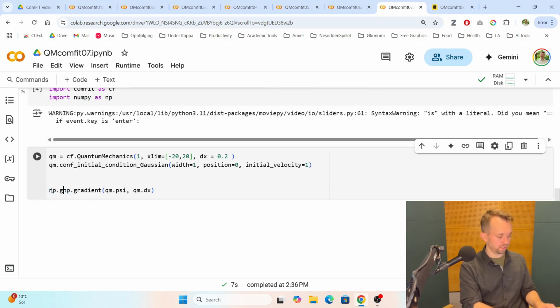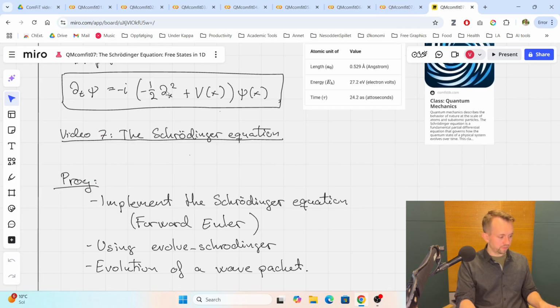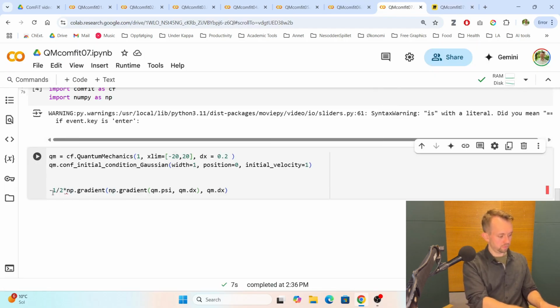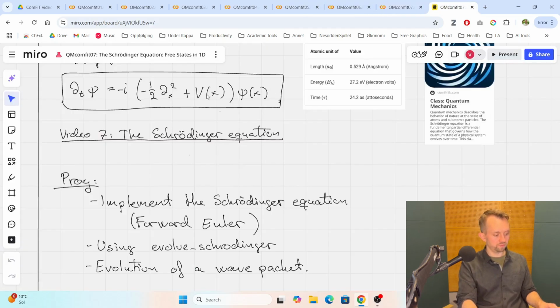And we need to take that gradient one more time, with qm.dx. So that's this term applied to psi, and then we need to multiply by -1/2. And then also we're going to add v of x. For the moment, we haven't specified what v of x is, but we can do that later.